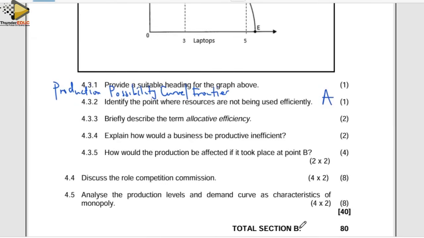Right. Explain how a business would be productive efficient. How would a business be productive efficient?